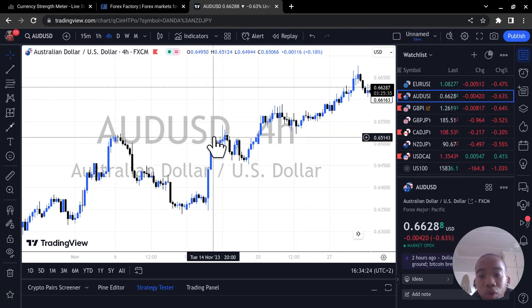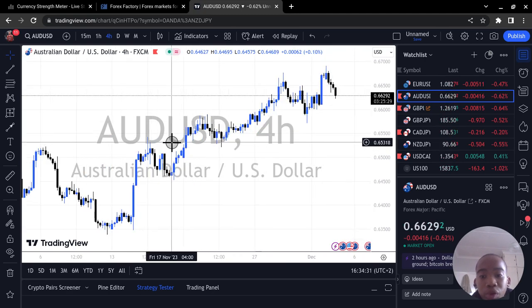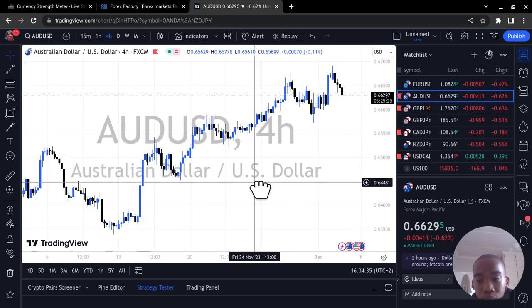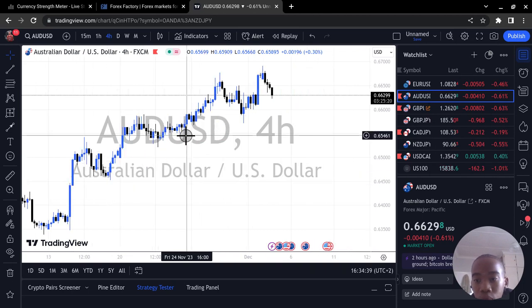It broke this. We had candle closures above this, even if it's at the slightest, as long as it closes above the previous bodies, that is a new high being made, right. Okay, cool.